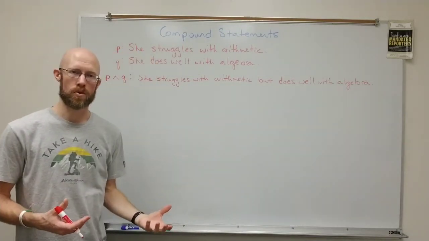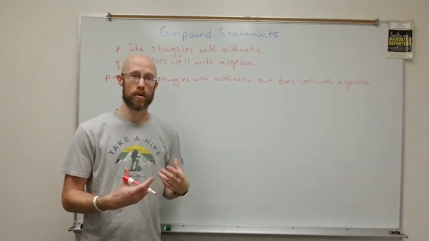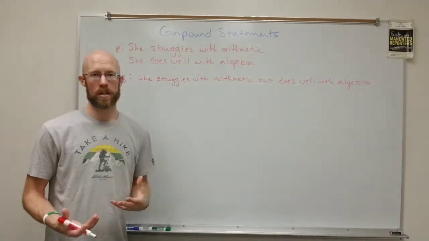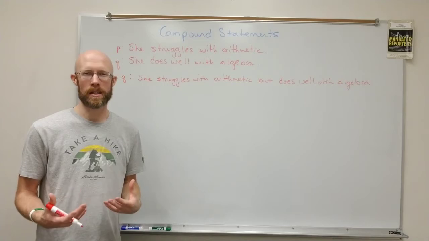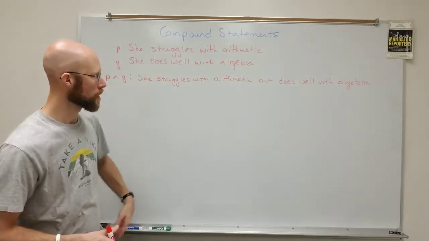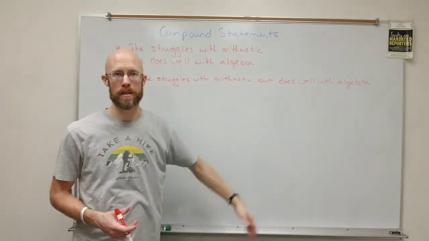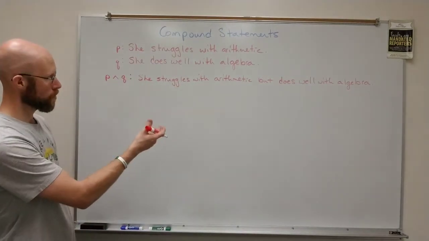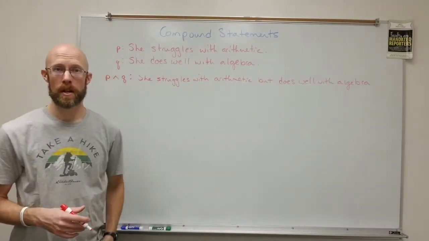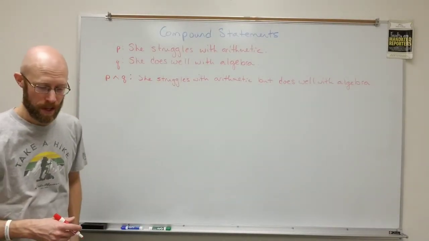And so a lot of times we use the word but instead of the word and. But they're really interchangeable. Logically, they mean the same thing, whereas in English, maybe you would prefer one over the other, okay? Here I would probably prefer the word but. So, she struggles with arithmetic, but does well with algebra, is a valid way to interpret this conjunction, okay?